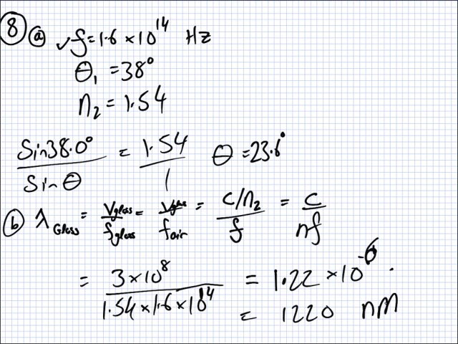Wavelength of light is usually represented in nanometers. Okay, are we okay with that, folks?